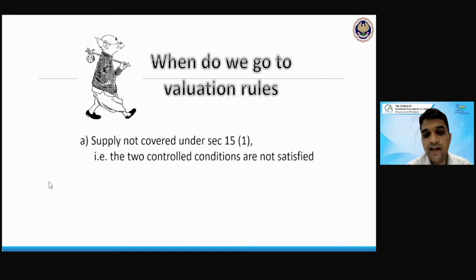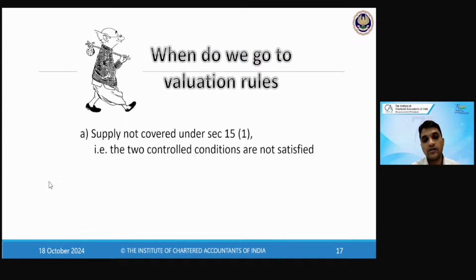Correct. Even Swati, your answer is also right. When they are not related persons and price is the sole consideration, then you will use the conditions of 15.1. So if these two conditions are not satisfied, then you will go to the valuation rules.